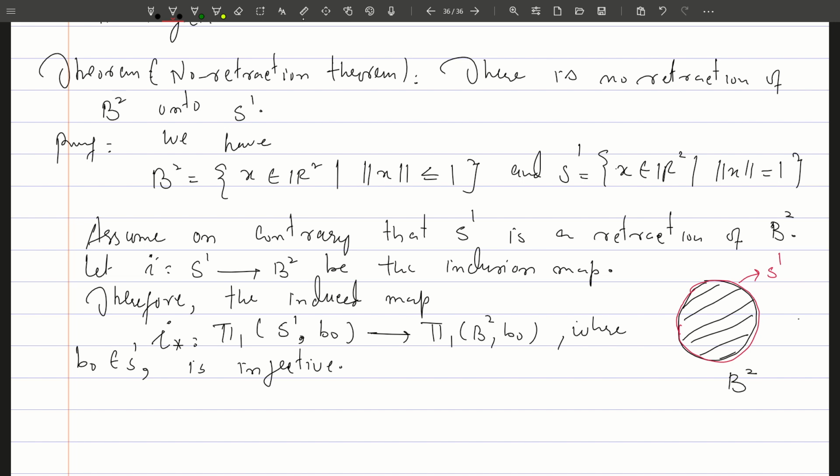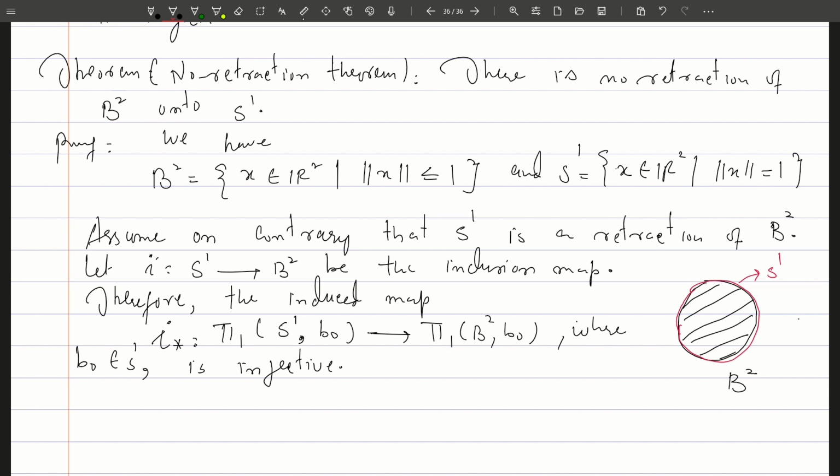Now one can note that the fundamental group of the circle is the group of integers, whereas the fundamental group of the closed unit disk is just the trivial group because B2 is simply connected.